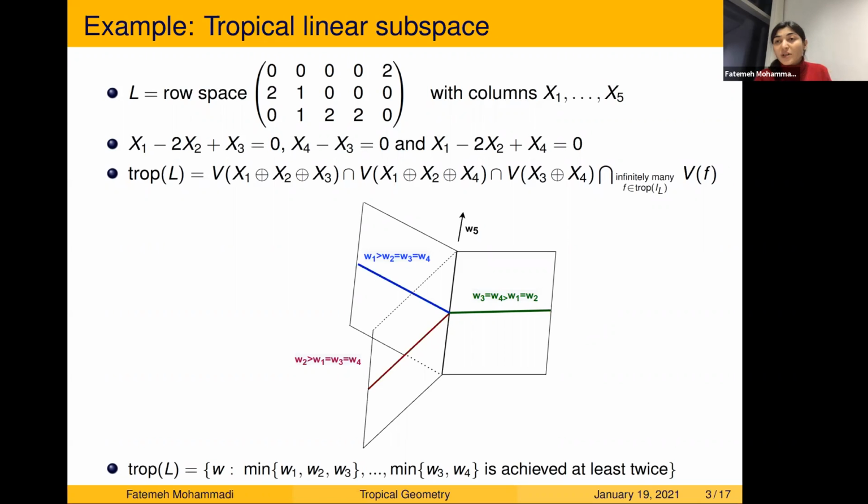In this particular example, I just wanted to show you that, even though the tropicalization has been defined as the intersection of V of F for every polynomial, in this example it is enough just to take these 3 linear equations, which is quite nice because you have a minimal generating set for your variety. Okay, if there is no question, maybe I just continue.